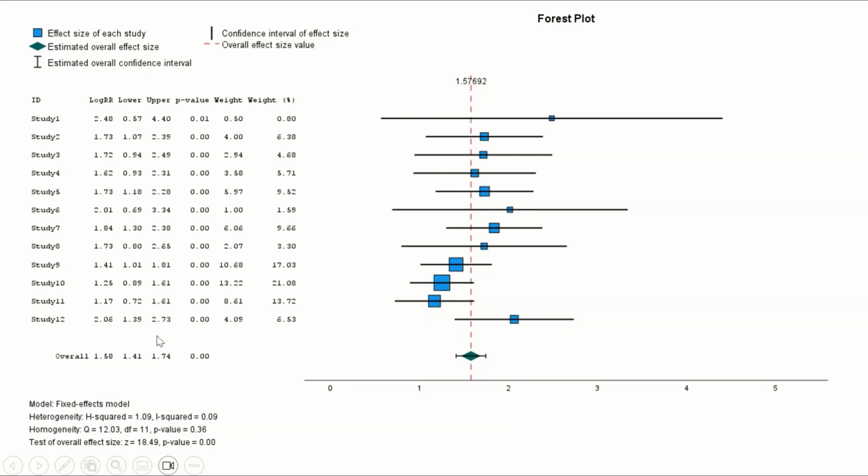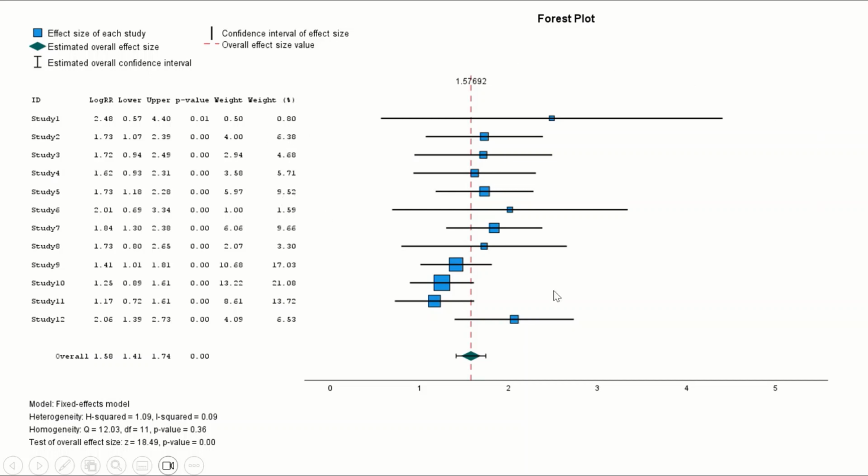In the first part, the 12 studies are listed here with the risk ratio calculated for each study with 95% confidence interval, p-value for the risk ratio, and weight percentage, which reflects the influence of the sample size on the meta-analysis.